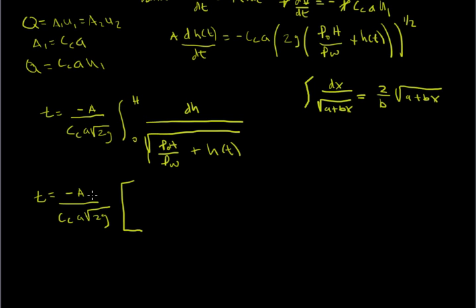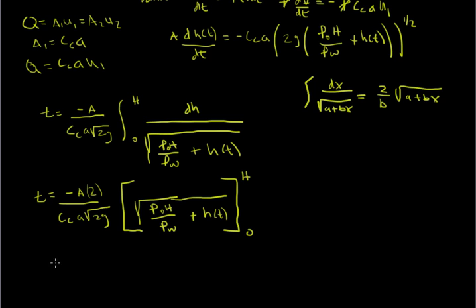Then I can pull a 2 out here, so 2, and then we have the square root of our rho O H over rho W, and then we'll be adding our H of T. And then the bounds of that are from 0 to H.